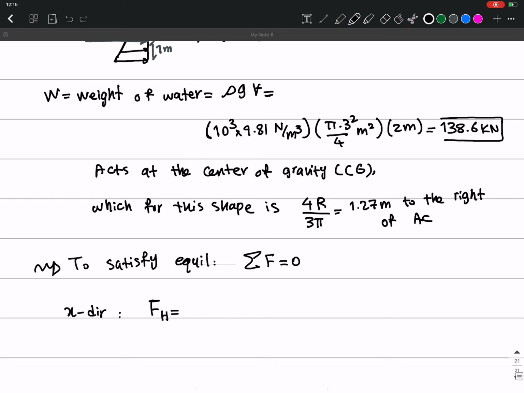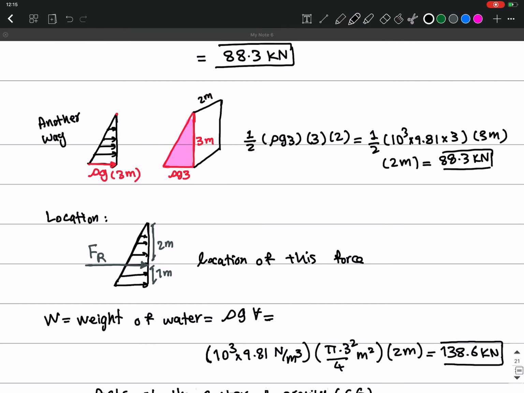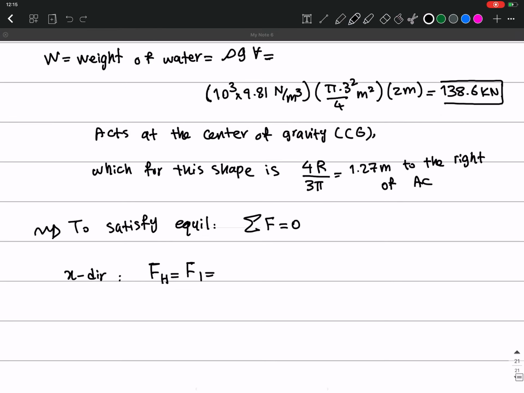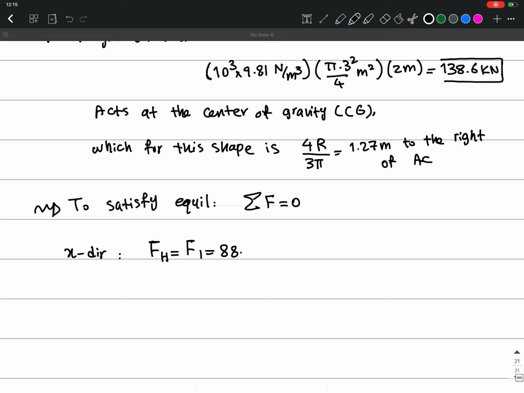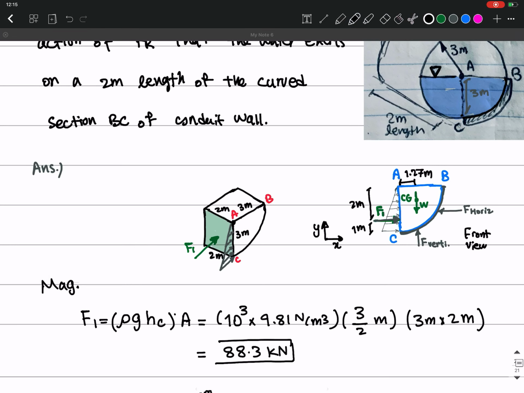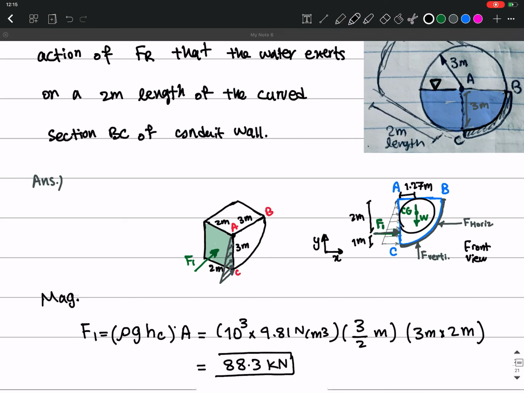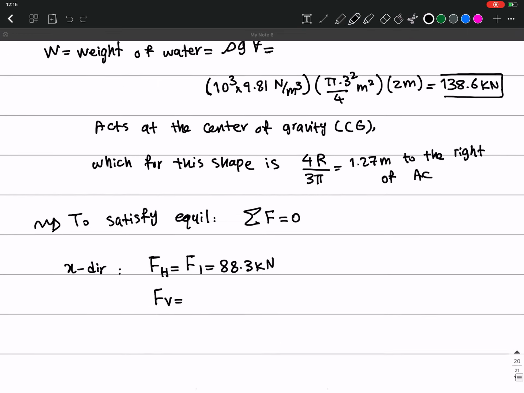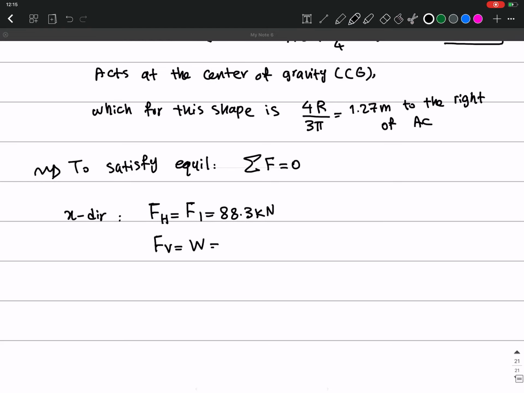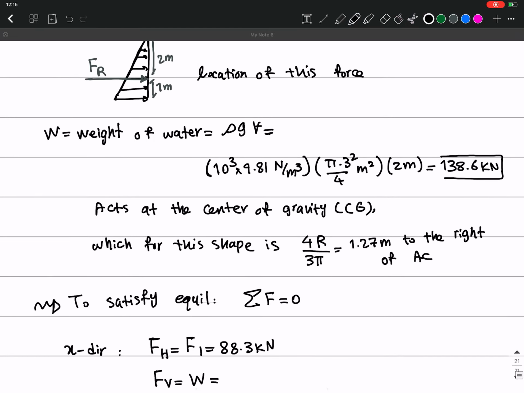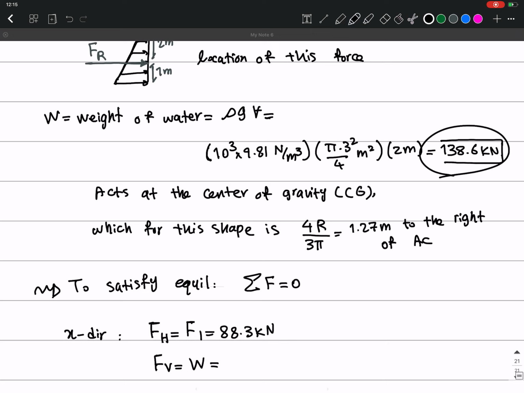So let me write it down. FH equals F1. What is F1? F1 is 88.3 kilonewton. And F vertical is equal to W, which equals what we had calculated here, 138.6 kilonewton.